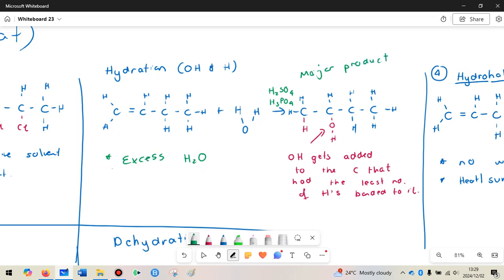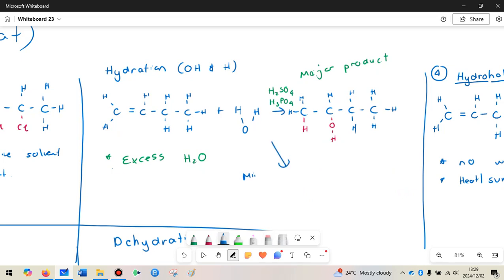The major product is what mostly forms. Something I didn't say before I move on to dehydration is that you also have what you call a minor product. A little bit of the product that forms doesn't follow this rule, it does the opposite actually, and the OH gets added to the exact wrong carbon of before.